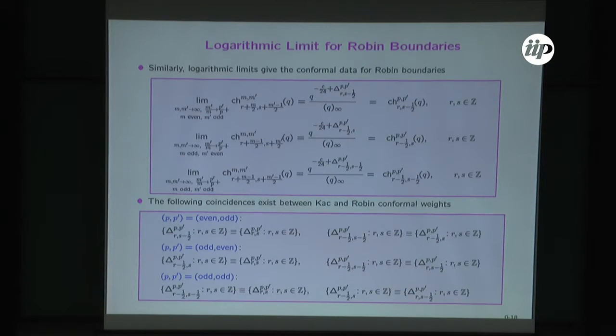I should point out that there are coincidences, as I said before, in the case of percolation between the Kac conformal dimensions and the Robin ones. In the case p even, p prime odd, which includes percolation, there are these correspondences. So half integer s conformal weights actually coincide as a set, not individually position by position, but as a set.